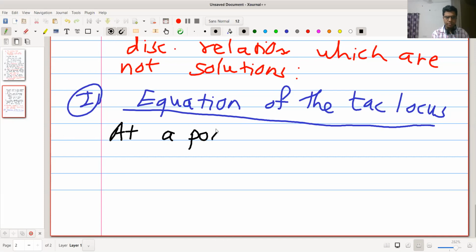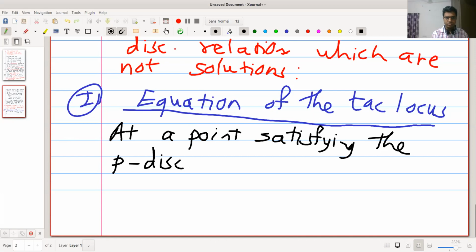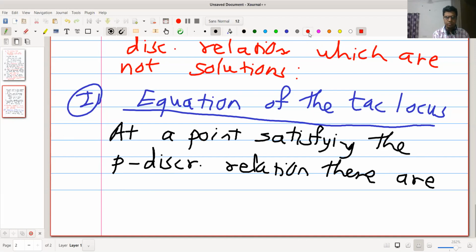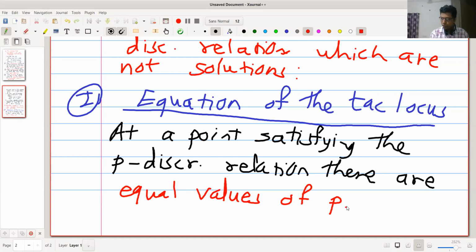At a point satisfying the p discriminant relation, there are equal values of p. And we have two cases.